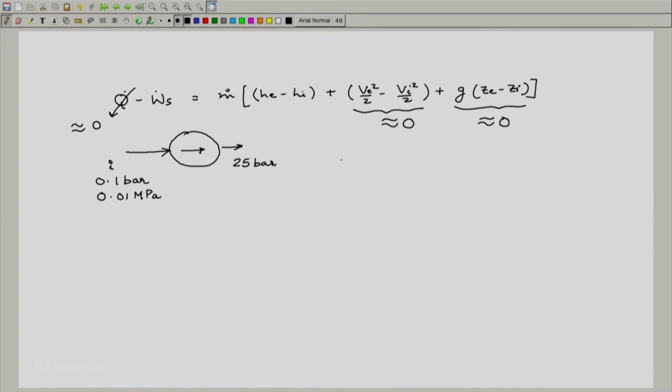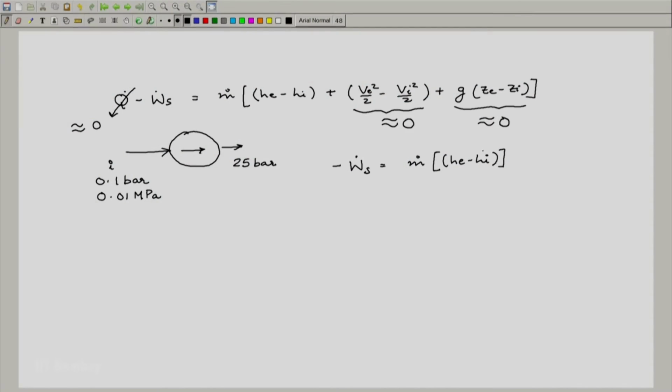And we end up with our regular equation, minus W dot S is M dot going into the pump times HE minus HI. This is of course the steady state equation, and if HE is greater than HI, what we get is that the work would be a negative quantity, and this is what happens in the sense that we are putting in work into the pump and we get an increase in the enthalpy.